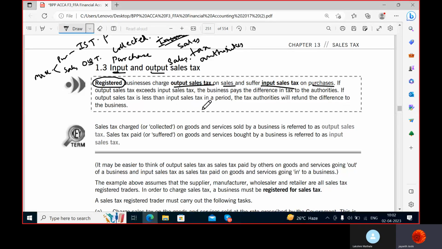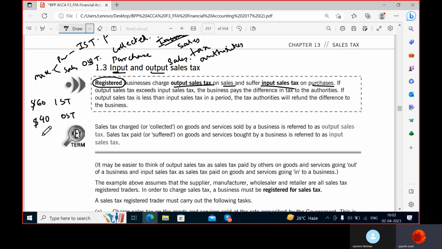If output sales tax is less than input sales tax in a period, the tax authorities will refund the difference to the business. Now, this particular statement I'll explain. When we purchased, we made a payment of $60 as input sales tax. When we sold the goods, we collected a payment of $40 as output sales tax.